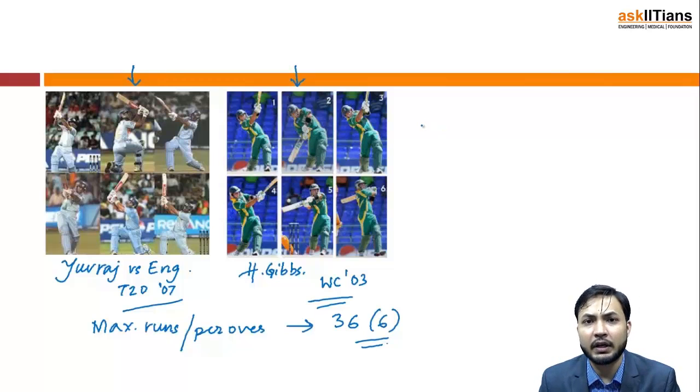Now if you take a bowler, this has not happened, but the best a bowler can do is take 6 wickets in an over. Lasith Malinga, you might know, has come closest, taking 4 wickets in an over. But in that case, the variable changes. There are 2 ways in which an over can be best: one, by giving no runs at all; another, by taking the maximum number of wickets during that over.